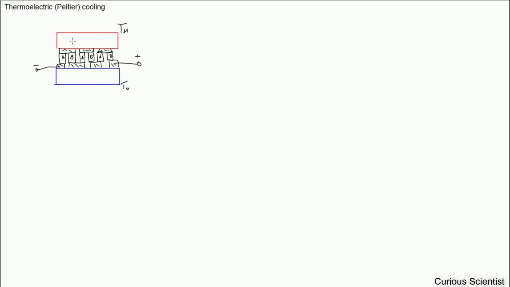So if you induce a current, then you will experience that one of the sides of this device will be cold and the other part of the device will be hot. So T0 is now here the cold side, and the TH is the hot side.